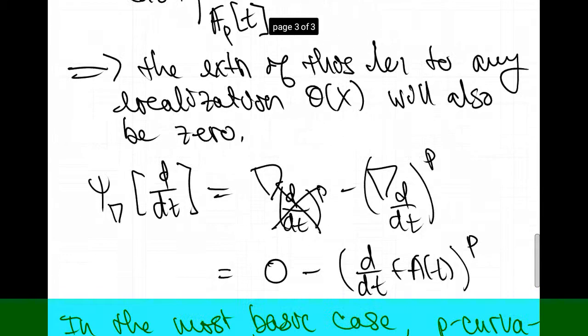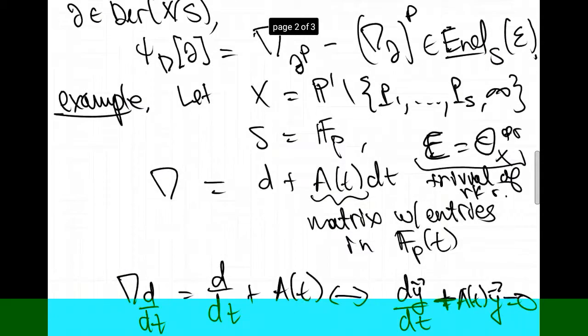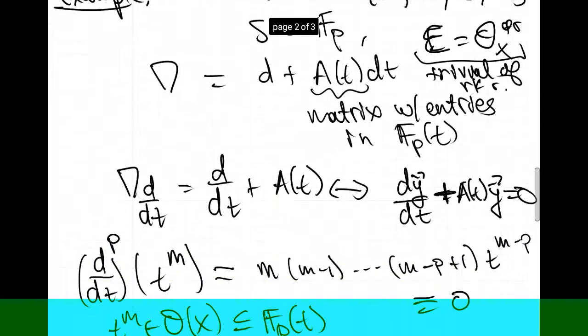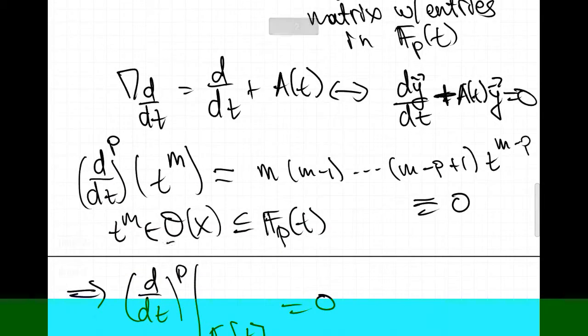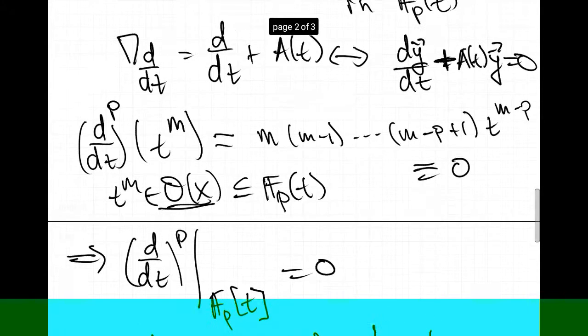So again, what was the example? The example was we take x and we localize it at some points here. What this really does is this makes this sheaf here, really this is just this square sheaf here, but then we localize it at a certain number of points.